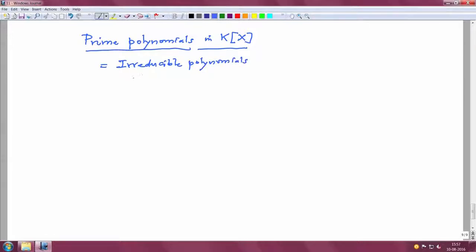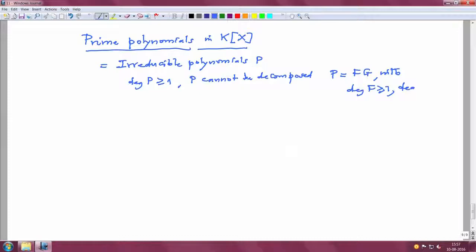Irreducible polynomials are by definition non-constant polynomials, that is degree of p is bigger or equal to 1, and p cannot be decomposed as a product of two non-constant polynomials f, g, with degree f bigger or equal to 1 and degree g also bigger or equal to 1.